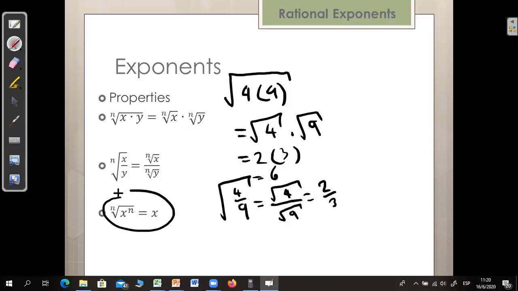That one's the most important property, and it's related with what we did. For example, the cubic root of 27. We said the cubic root of 27 is 3. The reason is 27 can be written like 3 to the power of 3, okay?